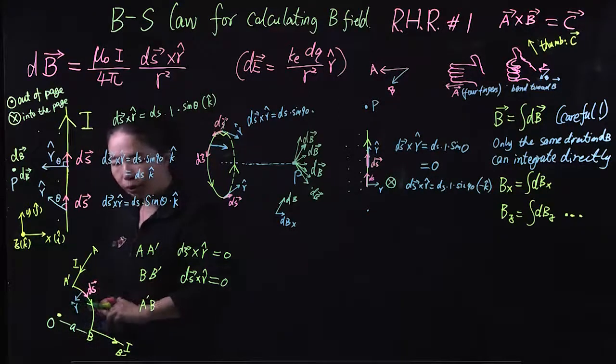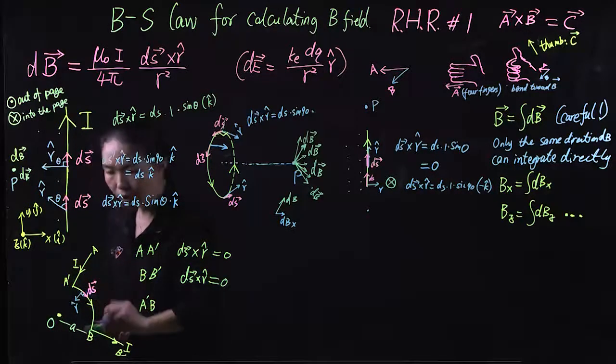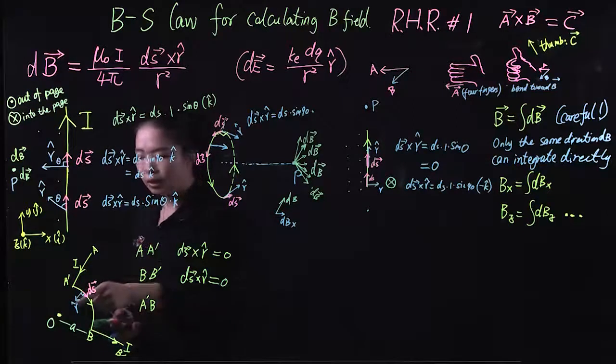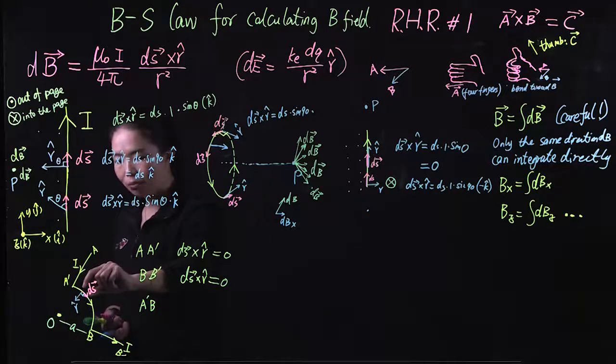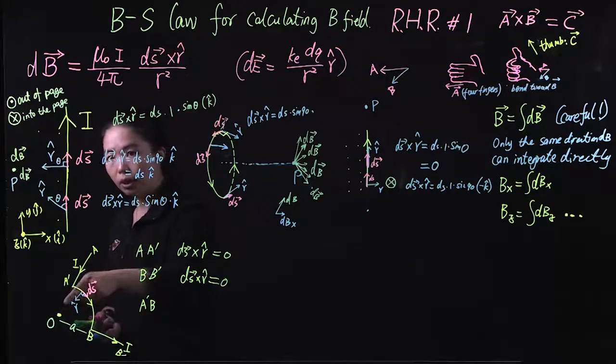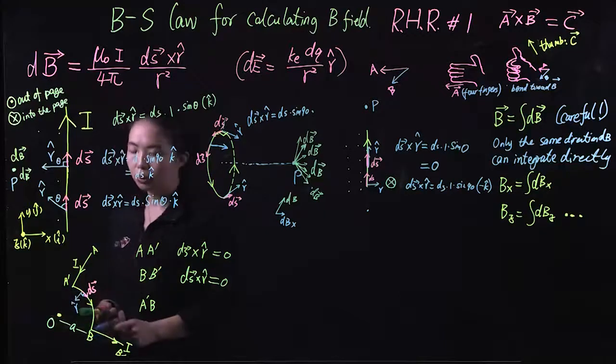So the angle between them is 90 degrees. They are perpendicular to each other. Also notice that R is the vector going from the source element pointing toward the observation point. It is not going from the center outward.